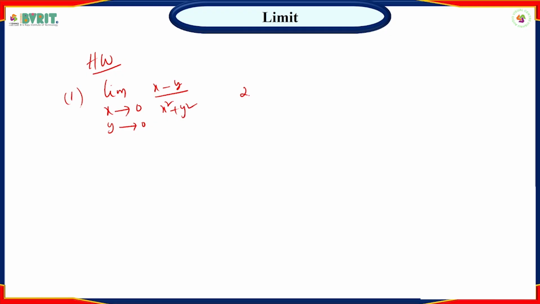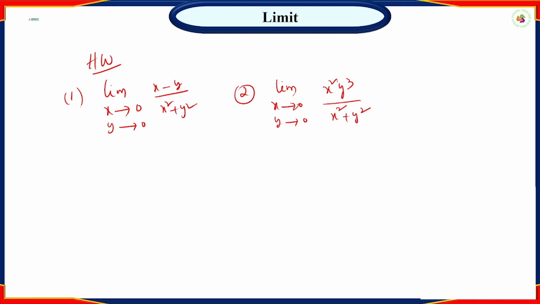Second problem: limit x tends to 0, y tends to 0, of x square y cube by x square plus y square.